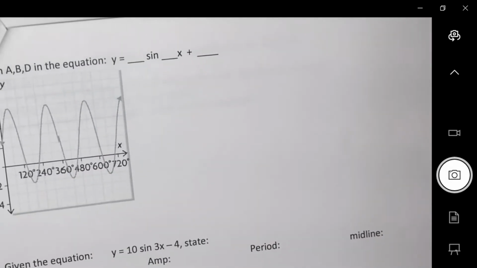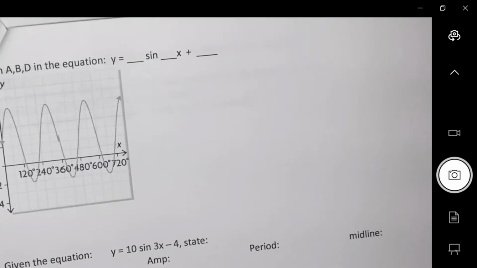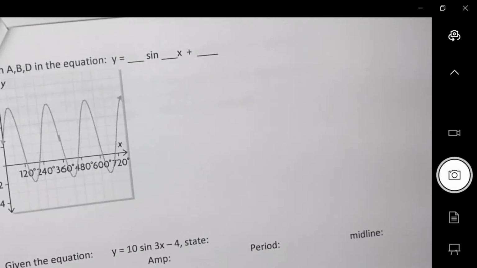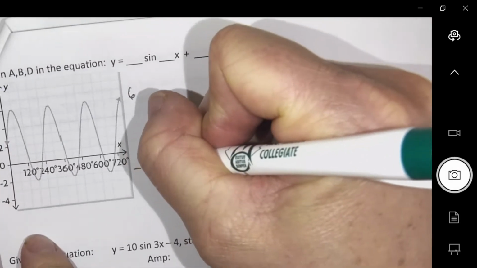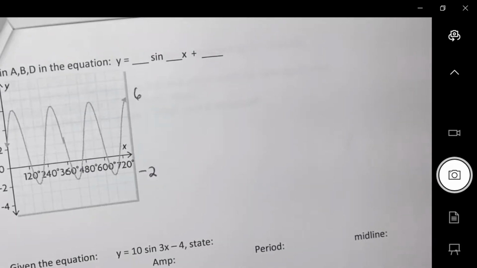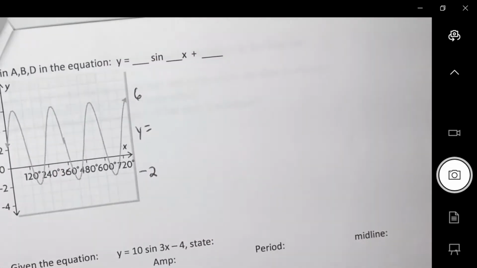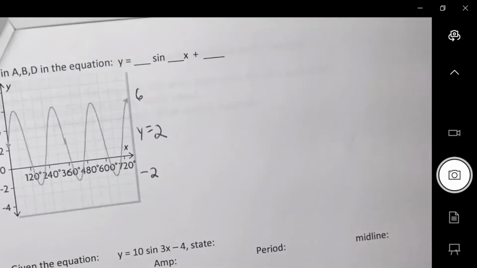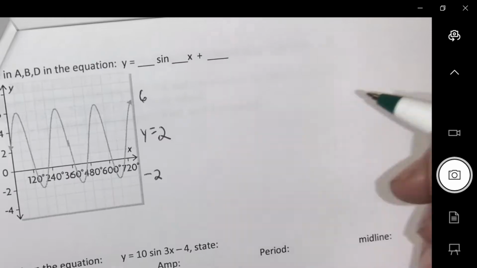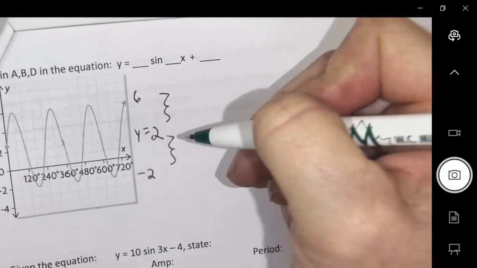Okay, determine the A, the B, and the D in the equation. You have some like this. Let's label. The top is 6, the bottom is -2. What's in the middle? Did you think 2? So 2 is in the middle. What's the amplitude?